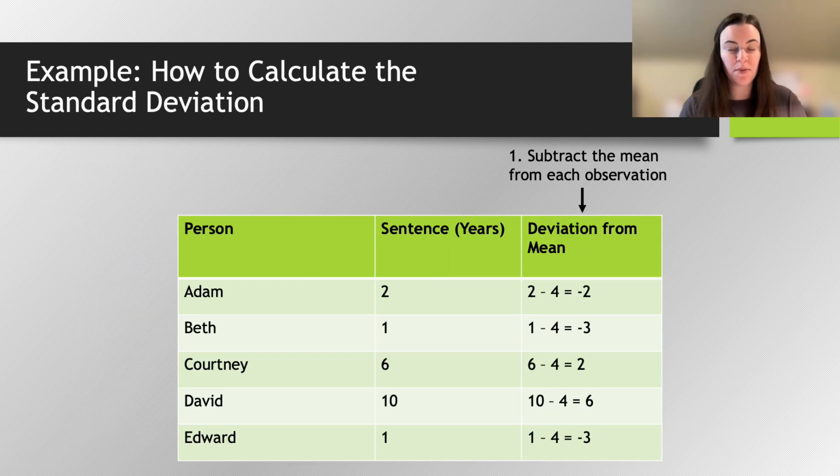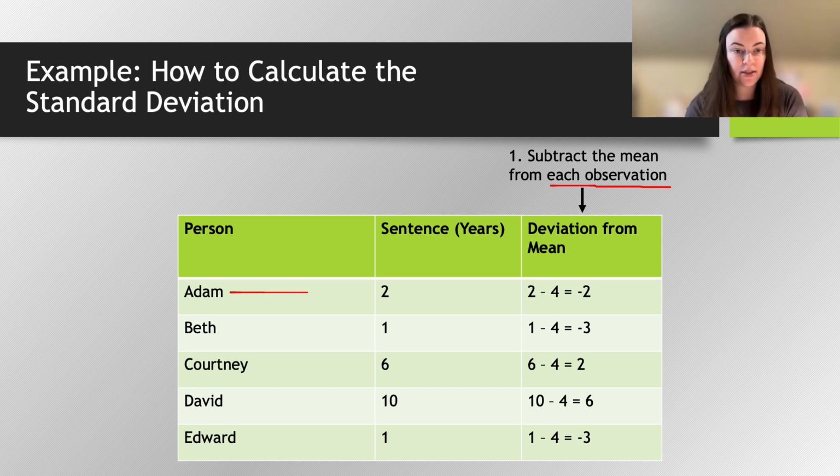Once we determine what the mean is for our data set, our first step in calculating the standard deviation is to subtract that mean value from each individual observation. I find it quite helpful to use this table method, and so if that's helpful for you, I highly encourage you to use that from now on. So let's work through this again together.